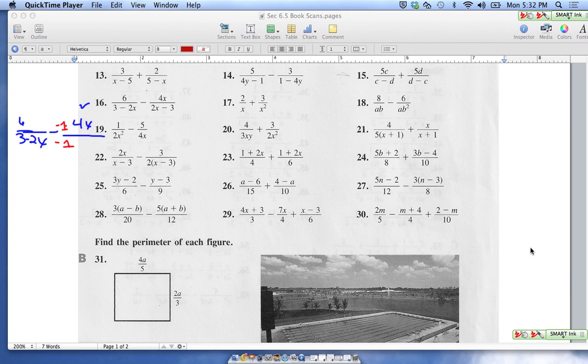And that allows me to then take this denominator and write it as 3 minus 2x, in the same order so that it now matches. So I've gotten the LCD, and I've made the changes that I need to make to the second fraction to make sure that it has the least common denominator.